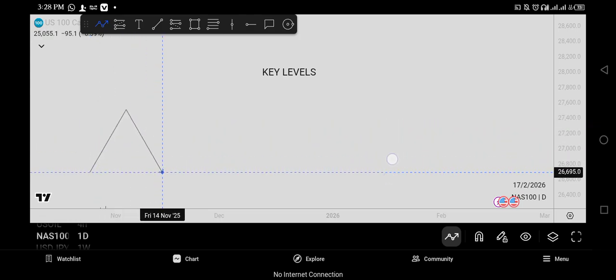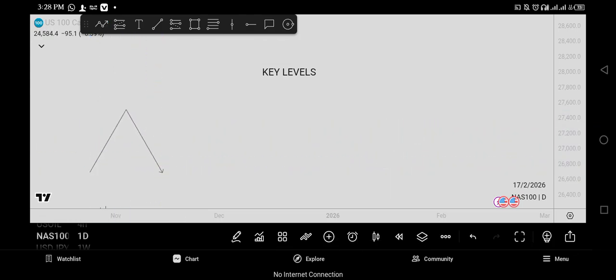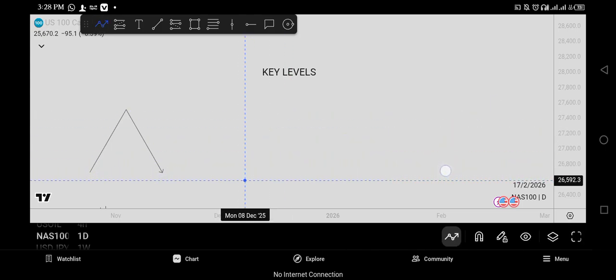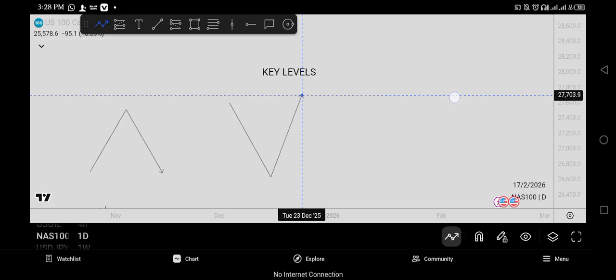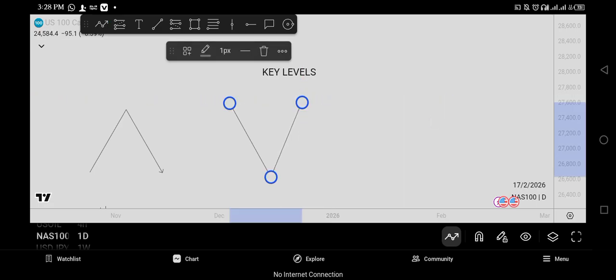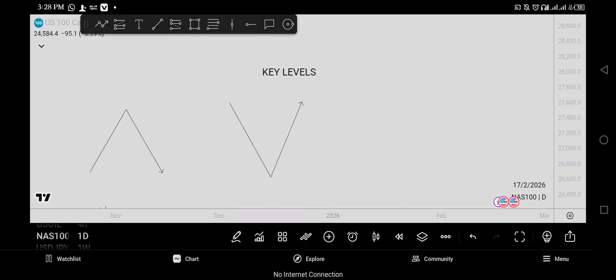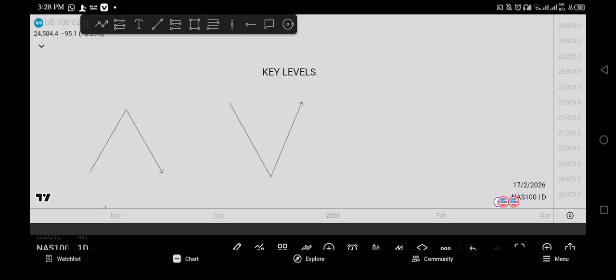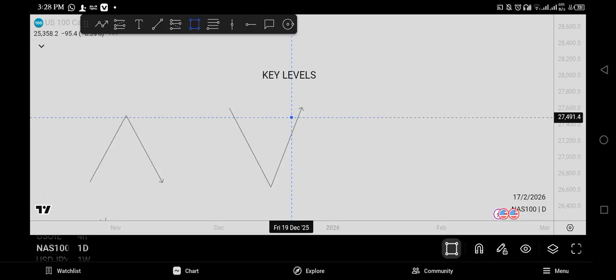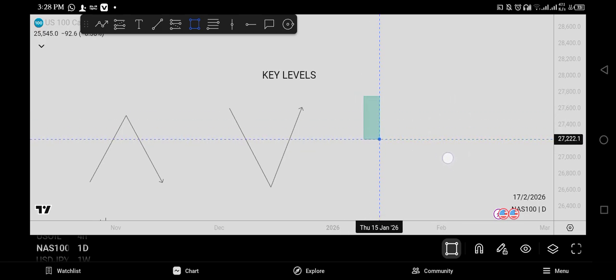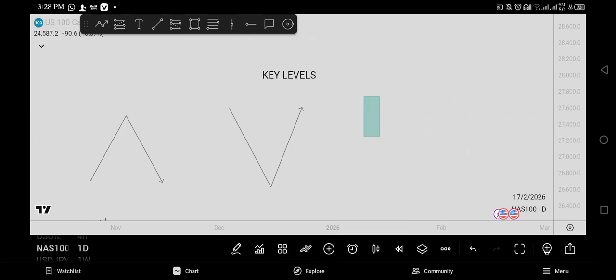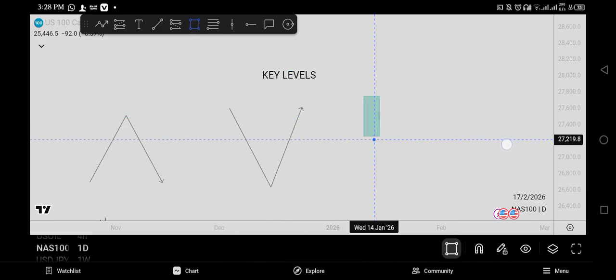So we have the A-shaped key level. It's literally formed like an A, and then we have the V shape, typically like a V. Then we have what we call our open and close. These are two consecutive candles that moved in one direction.